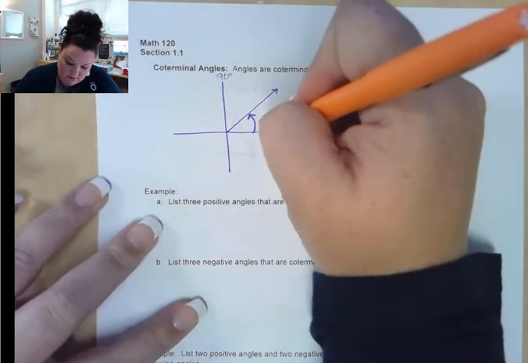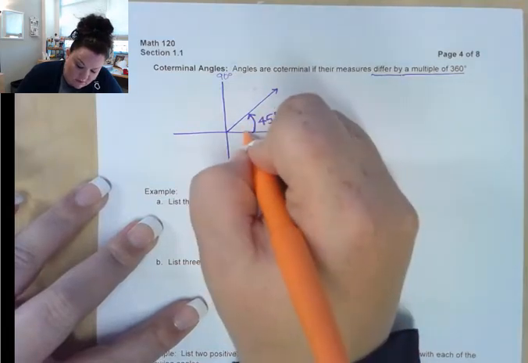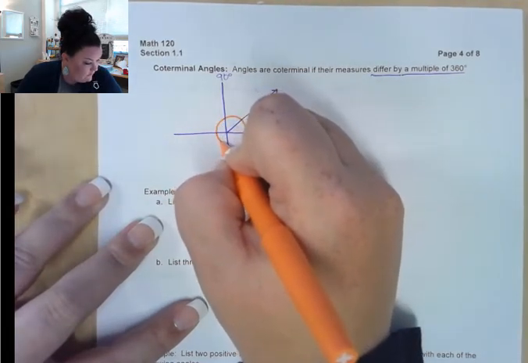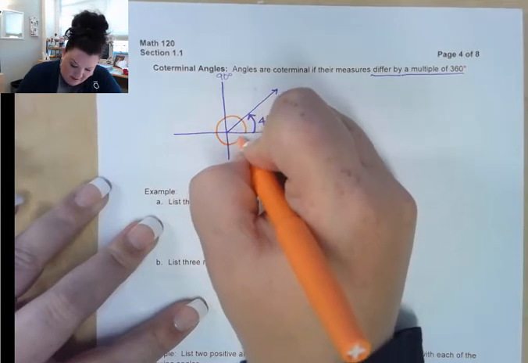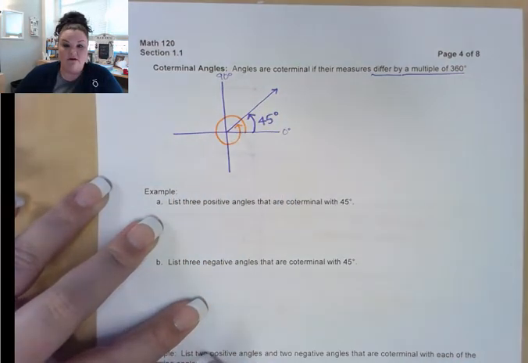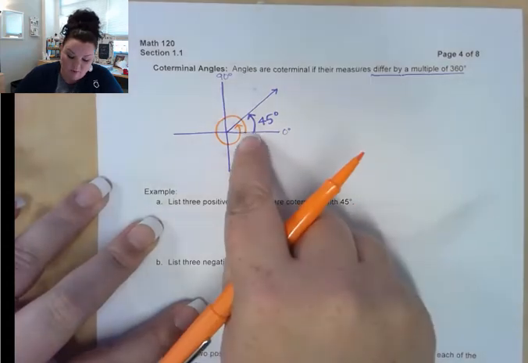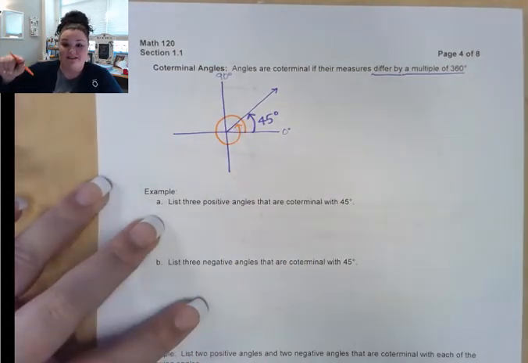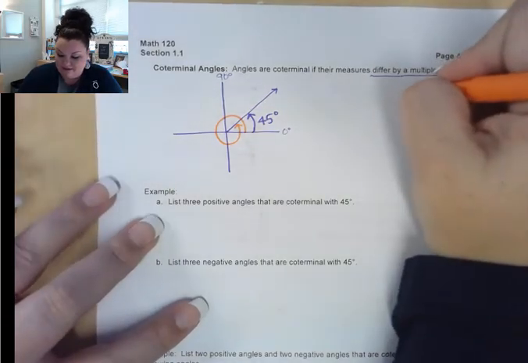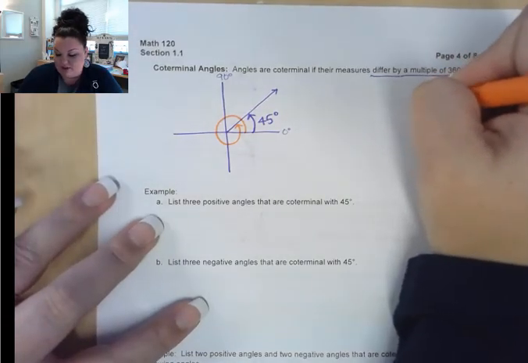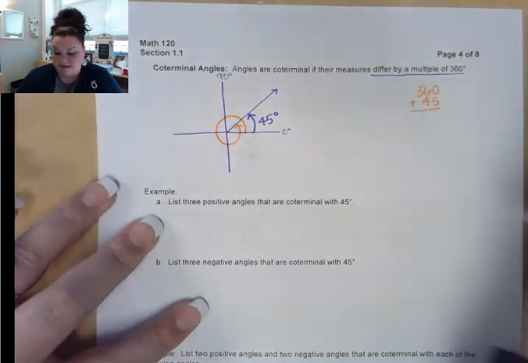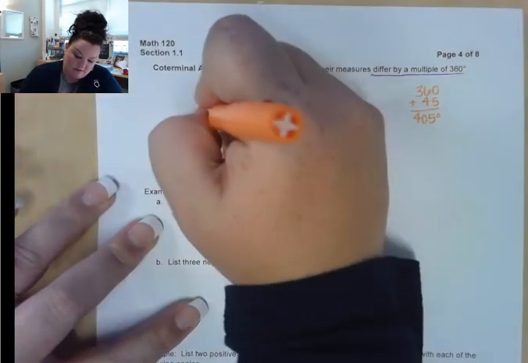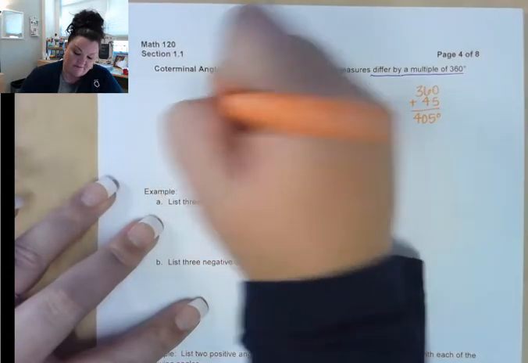Going all the way around and back up to 45, if I added 360 degrees to it, 360 plus 45 makes a 405-degree angle.